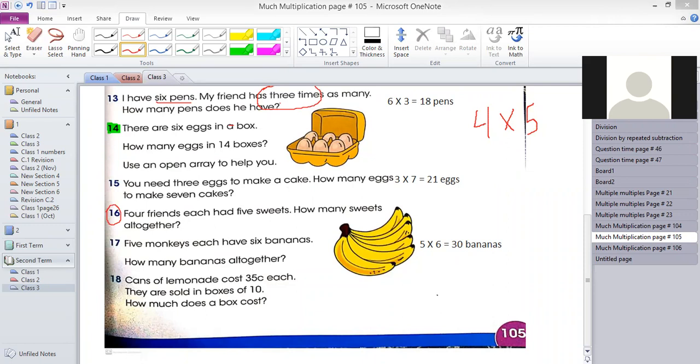Yes, guys, answer me in the chat box. How many sweets are all together? Very good, Mashari. Mashari, check your answer. Muhammad Fadi, very good.